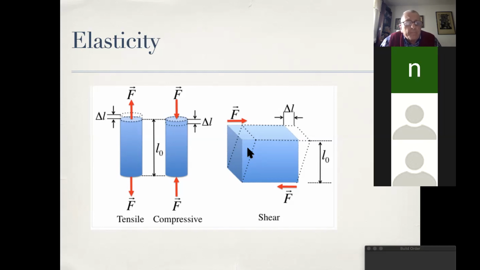And we have a complicated situation, for we apply a force in one direction, but the deformation might happen in the other direction. And since we have 3 dimensions, we might envisage a situation where we apply the force in one direction, and we may have a reaction of the material in all remaining 3 directions.